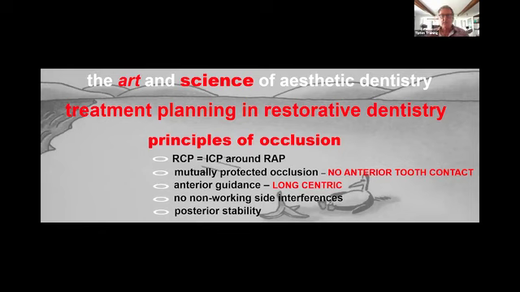So we're going to have a discussion about occlusion. I'm going to have a discussion about long centric today. Not a topic that we've dealt with previously. We do this during our modular course on the advanced occlusion module. And from time to time, when we're treating class 2 Div 1 patients, then the long centric is something that we need to take into consideration, one of our options.